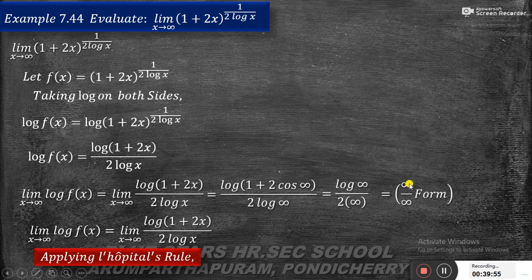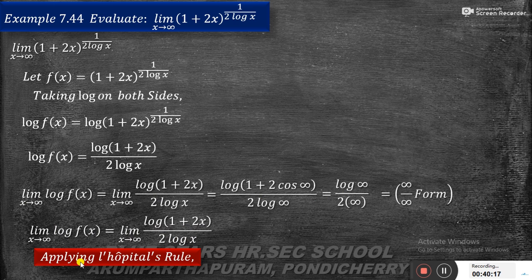In this indeterminate form, we apply the L'Hopital rule. Before applying the limit, I write limit x tends to infinity log of f of x equals limit x tends to infinity log of (1 plus 2x) by 2 log x.